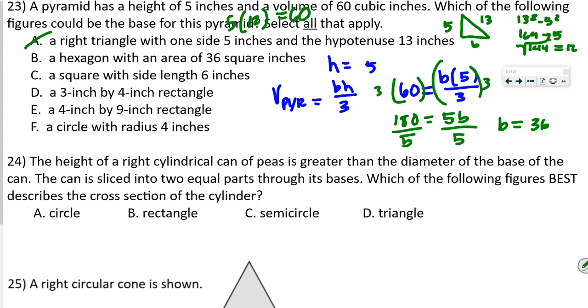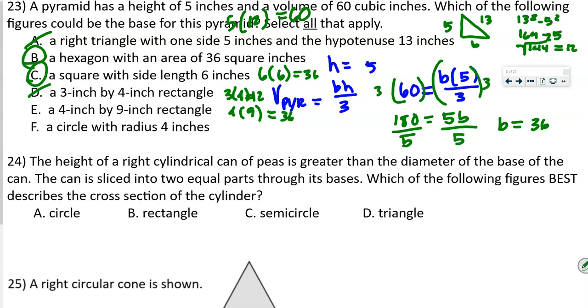And then it says a hexagon with an area of 36 square feet. So that's what we need, right? 36 square inches, sorry. And then a square with side lengths of 6, that would be 6 times 6, that would be 36. So that one also works for us. A rectangle 3 times 4, that's 12. So that one does not work for us. 4 times 9, a rectangle, length times width, right?